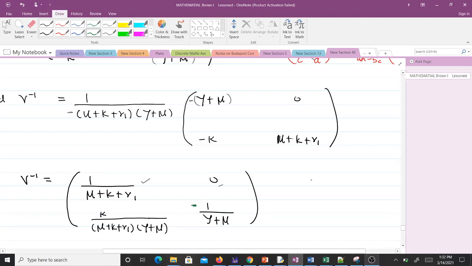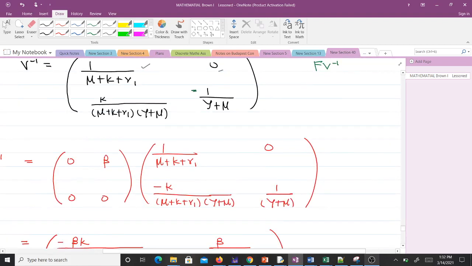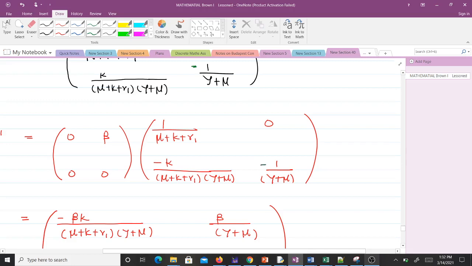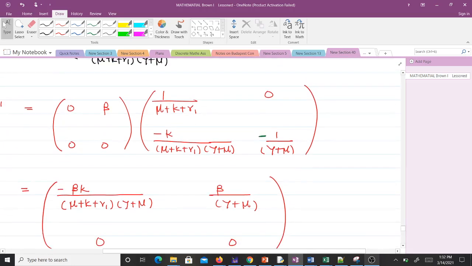Now you have to find the product of these two. So let me bring my negative here. Okay. So multiplying these 2 by 2 matrices, we have 0 times this plus beta times this.